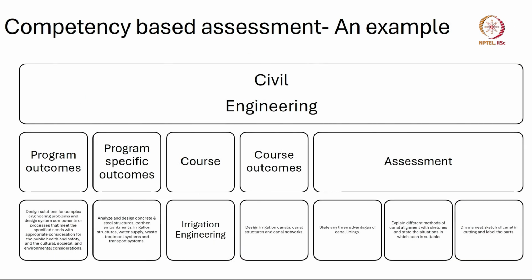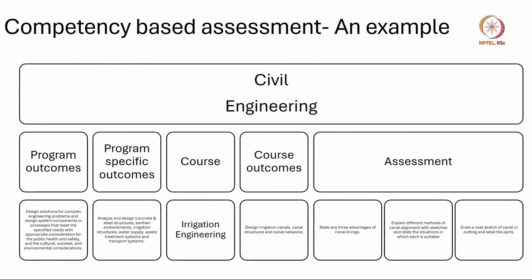Say we have an example of a course titled Irrigation Engineering from the Civil Engineering program. At the program level, we have program outcomes and program specific outcomes. Then for the course, we try to define course outcomes.